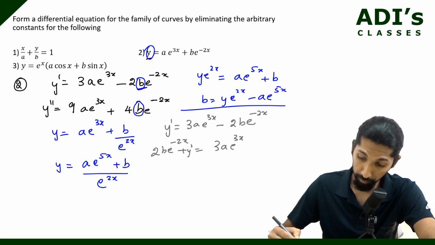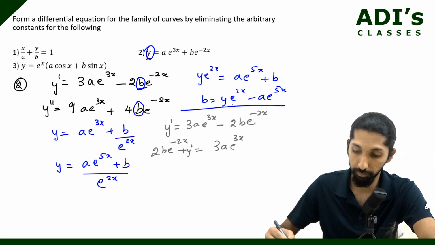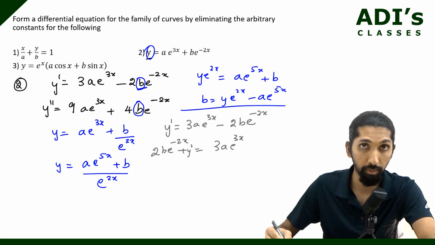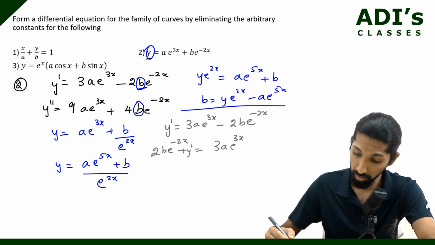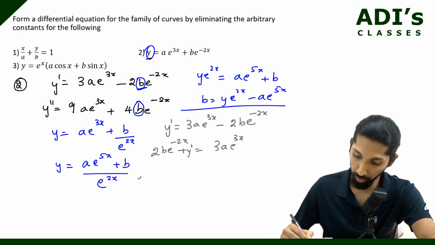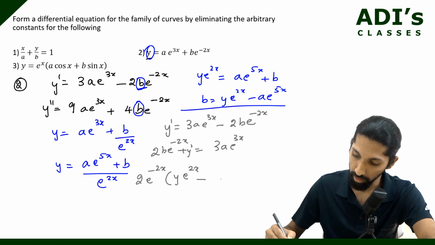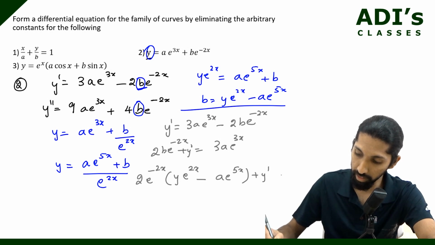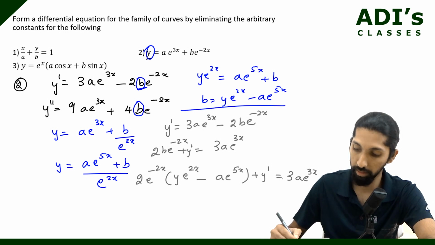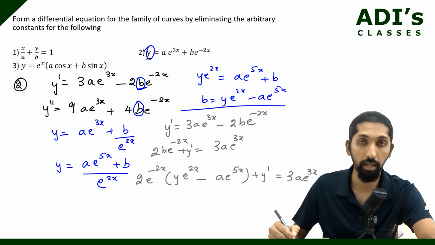Now substitute for b whatever we have, y e to the power of 2x minus a e to the power of 5x. So what do you get now? 2 into e to the power of minus 2x, into y e to the power of 2x minus a e to the power of 5x, plus y dash is 3a e to the power of 3x, correct? This is what we have.